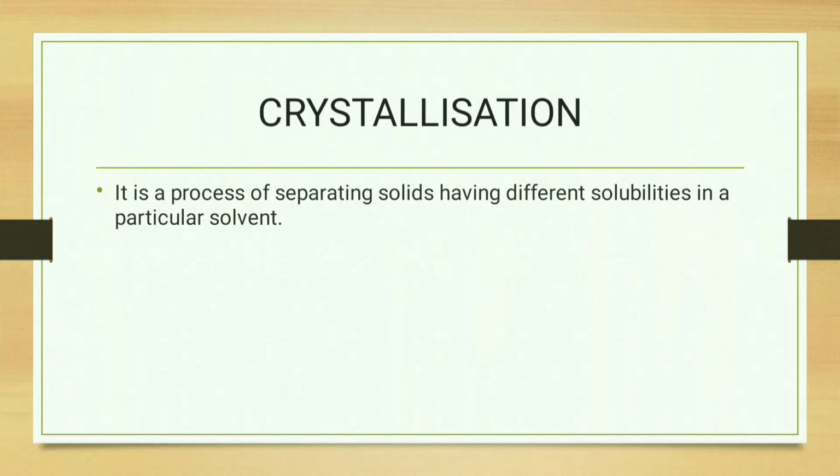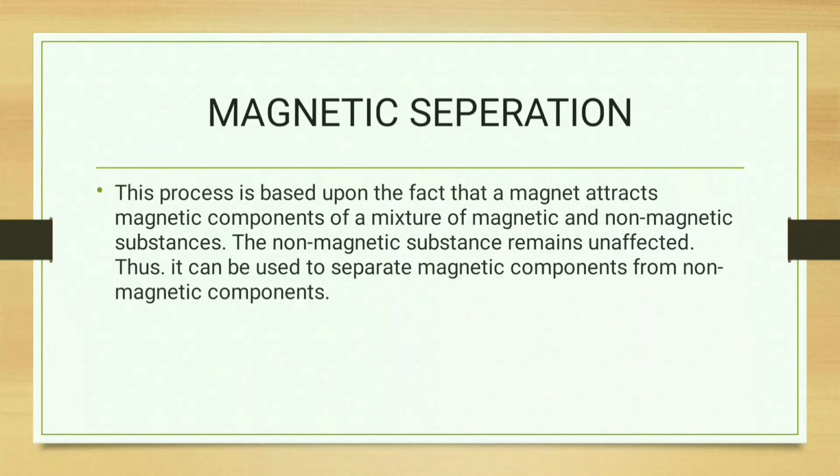Now we have crystallization, the process of separating solids having different solubilities in a particular solvent. Now magnetic separation. This process is based upon the fact that a magnet attracts the magnetic components of a mixture of magnetic and non-magnetic substances.